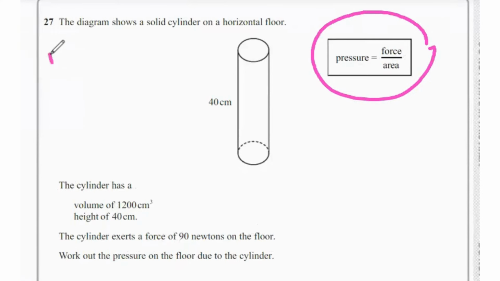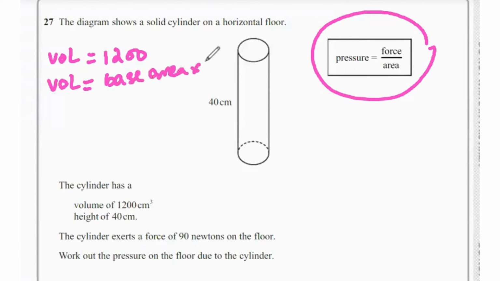So if the volume is 1200, volume basically has the formula of base area times the height. We can calculate the base area by dividing our volume, called the base area X, and the height is 40.